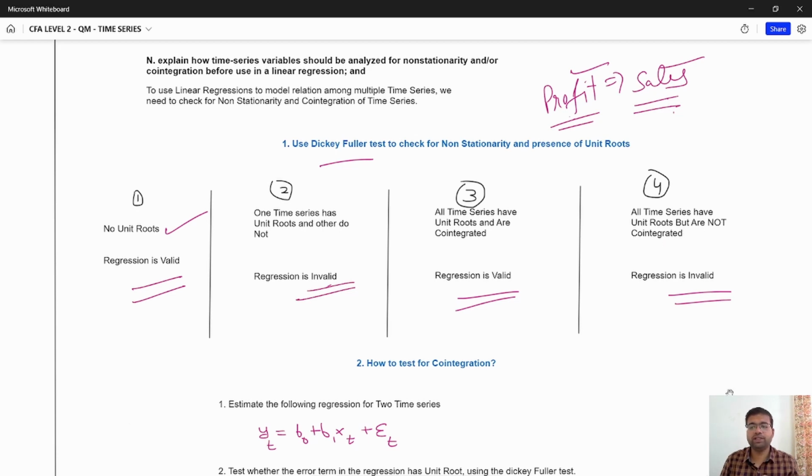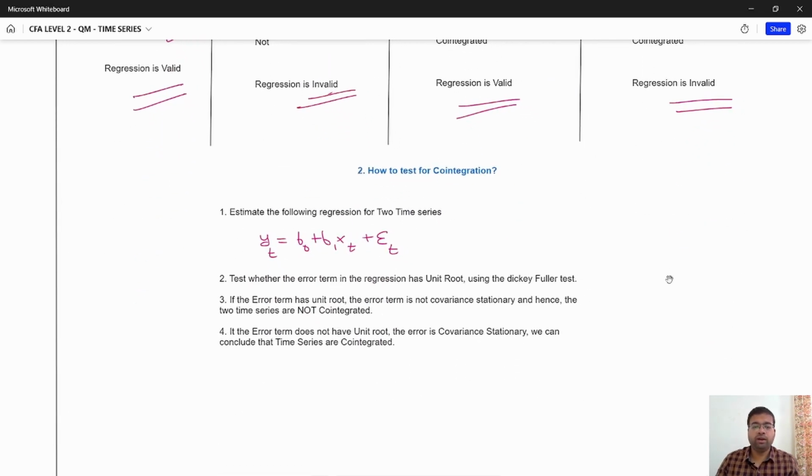So how can we check for co-integration? We estimate the following regression for the two time series: Yt equals b0 plus b1 times Xt plus epsilon t. Now we need to check whether the error term in the regression has a unit root or not, using the Dickey-Fuller test.